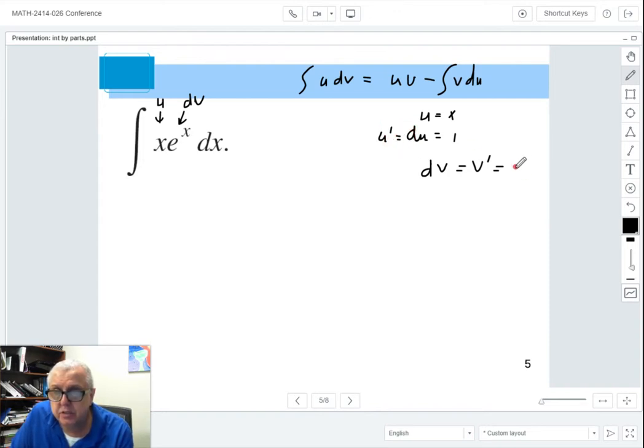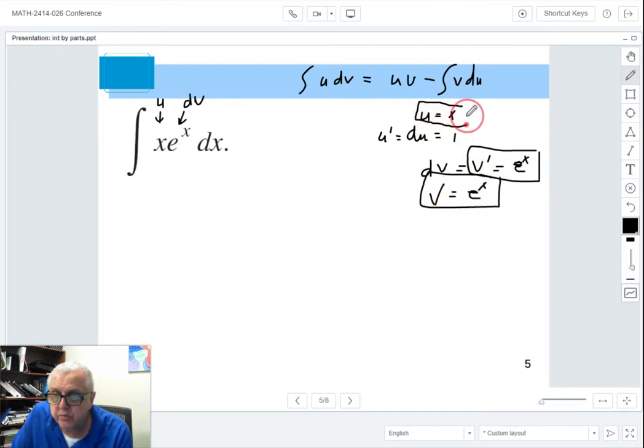If V prime, or dV, same thing, equals e to the x, then if you integrate e to the x, if you go to your integration form, integrating e to the x equals e to the x. So we have dV, we have V, we have U, and we have du.